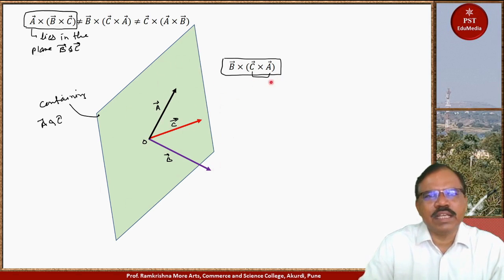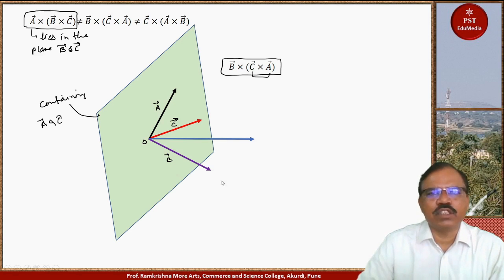Then what is C cross A? C cross A is perpendicular to A and C, so perpendicular to plane of C and A. So here, this is direction of C cross A.